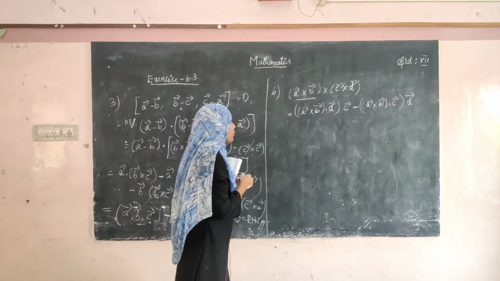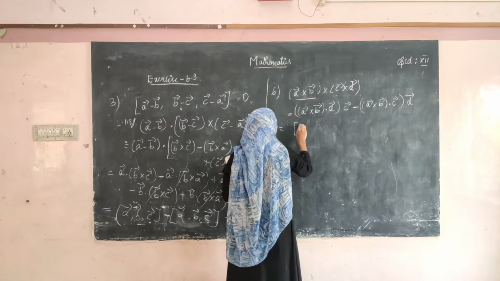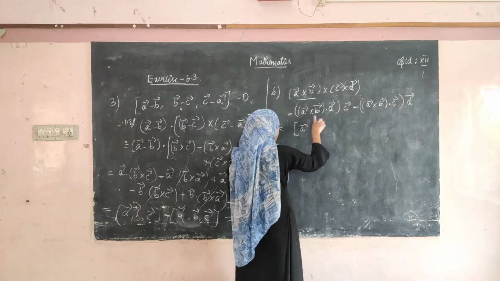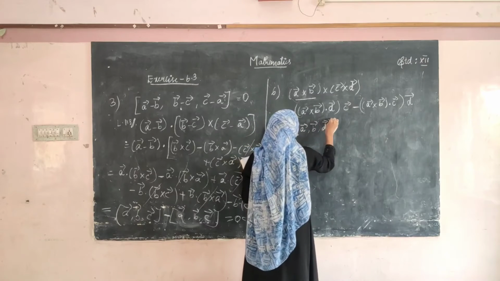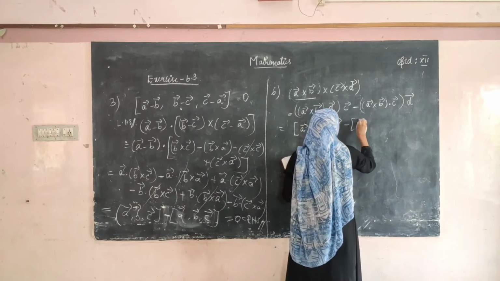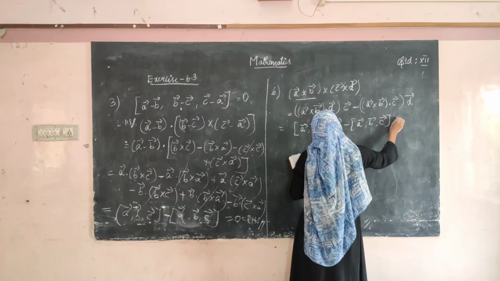So how can we write this? This can be written as a box product, because there is a cross inside and a dot outside. So A vector comma B vector comma D vector into C vector minus A vector comma B vector comma C vector into D vector.